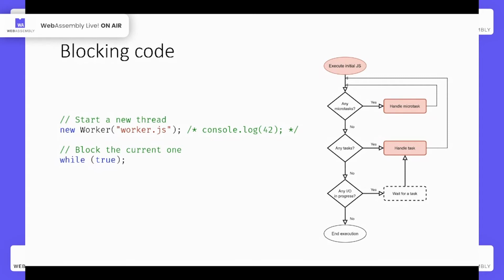And you guessed it, this requires a scheduled task, one that the event loop will never get to execute if the main thread is blocked. So even if you want to create a new thread, you first need to finish execution on the current one and give control back. So in the very simple example above, you will never see the console log coming from the worker because the thread is just never created.